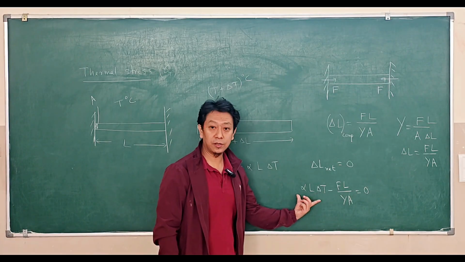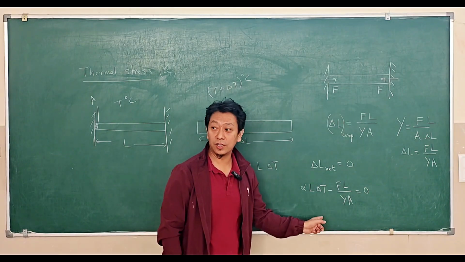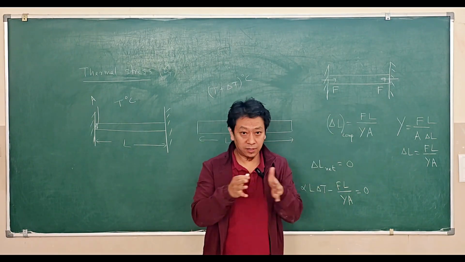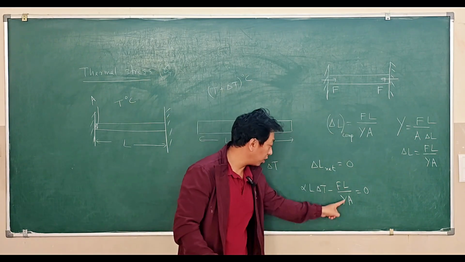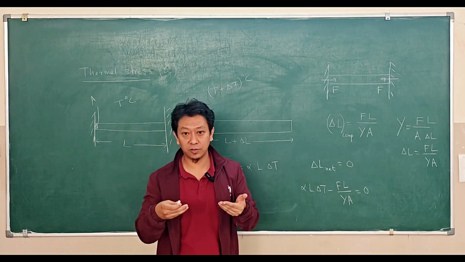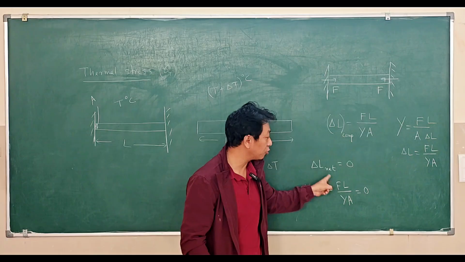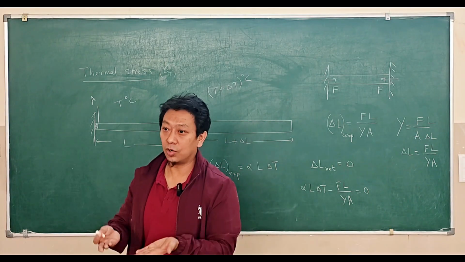This much expansion should occur due to increase in temperature, and this much compression should occur due to compressive forces. But neither expansion happened nor compression happened. That means the total of these two. Why minus? Because one is expanding, one is compressing. So I have to subtract to find total change. So the total change in the length should be what? 0, because the length neither increased nor decreased.